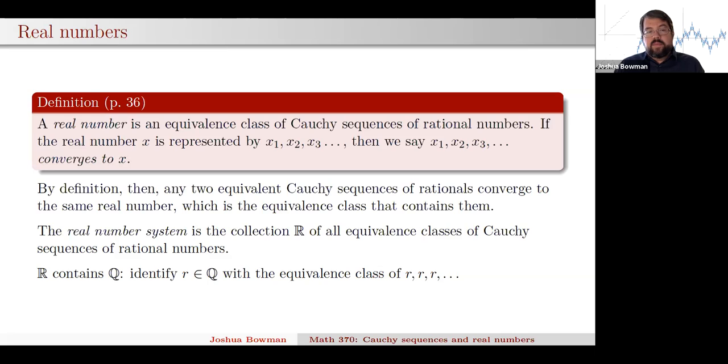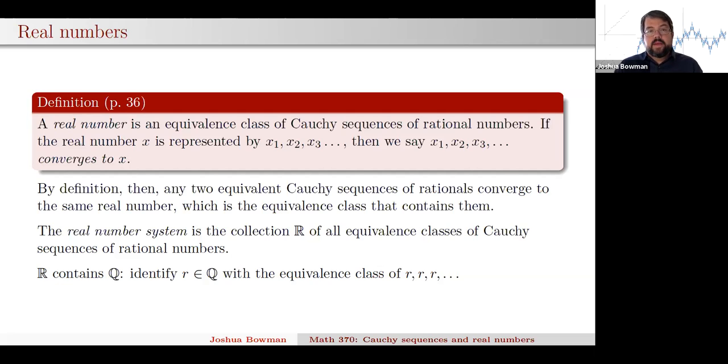And if one of these equivalence classes, say x, has a particular representative by rational numbers, x1, x2, x3, then we'll say that that sequence of rational numbers converges to the real number x. And so what this definition means is that any two equivalent Cauchy sequences of rationals will converge to the same real number. They're equivalent, so they're in the same equivalence class, and that is the number that they will converge to.